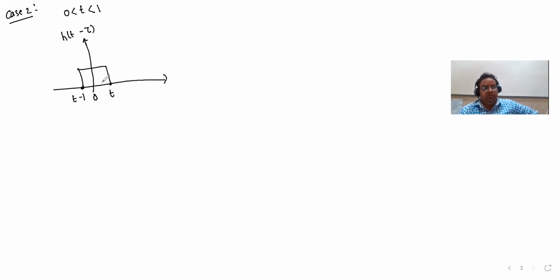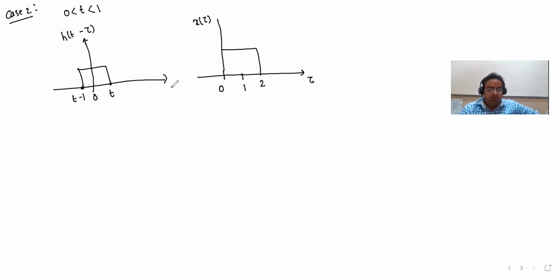And our x of tau, what is our x of tau? Our x of tau is varying from 0, 1, and 2, it is tau. Now you can see that this t is less than 1, and this t minus 1 is less than 0.